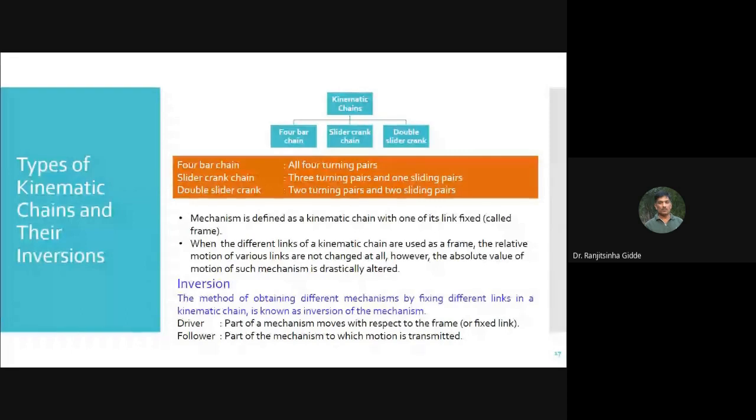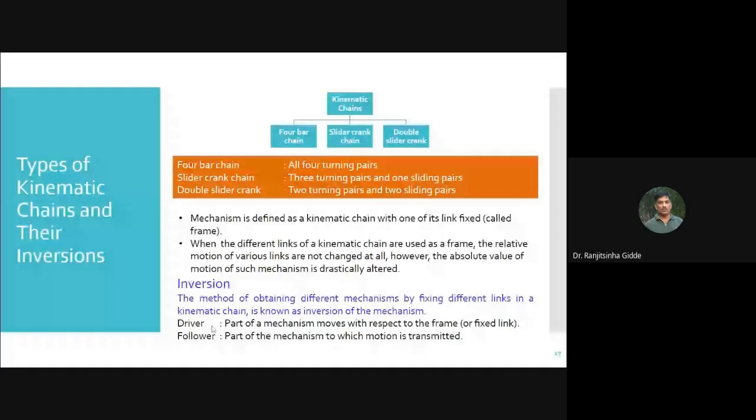So here you can take a simple example. Driver and the follower. In the form of command, that we can call a driver, and follower has to follow the motion, or the motion should be transmitted by that follower.